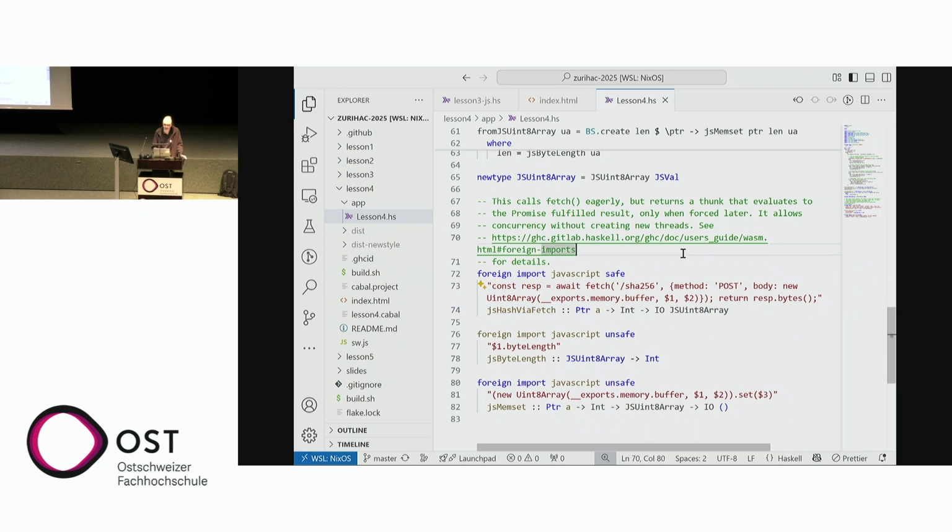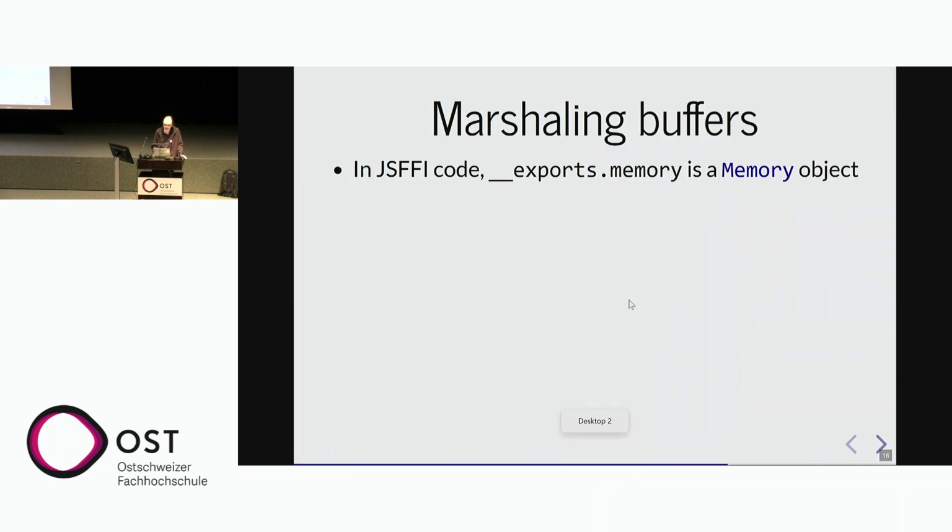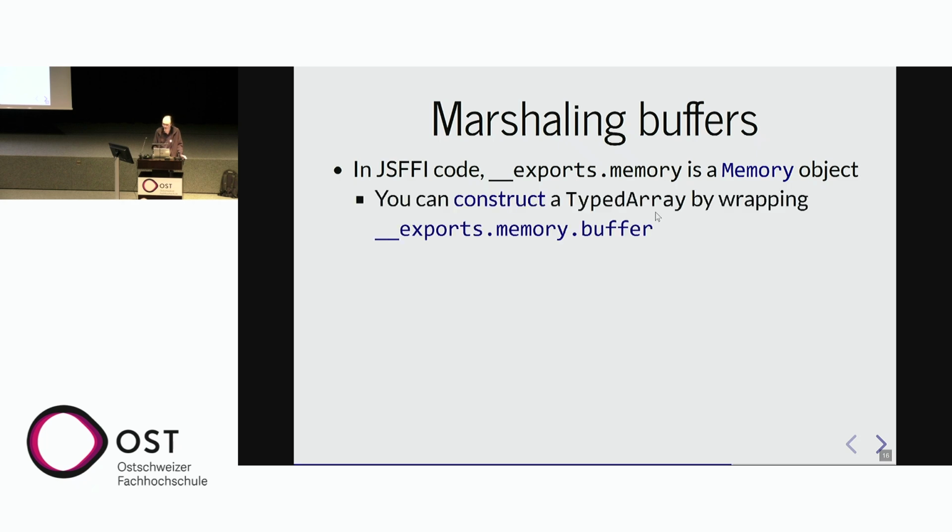What we do is that we use the magic keyword __exports.memory.buffer. So in JS FFI code, you can access everything in the global this binding, and you can also use this magic keyword to refer to the current WebAssembly memory object. And then you can use the .buffer field to construct a typed array by wrapping some parts of it.